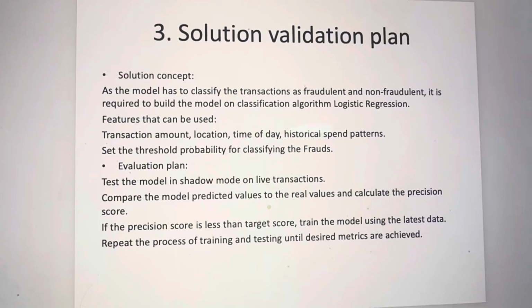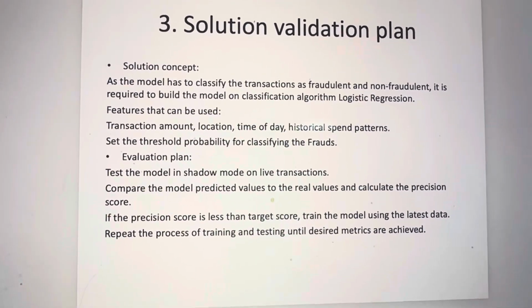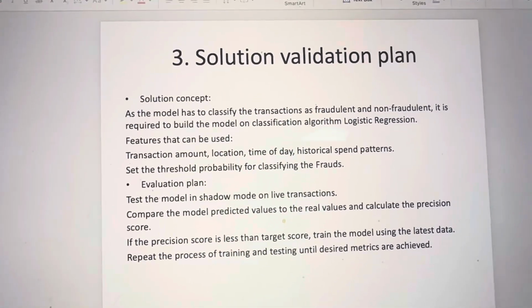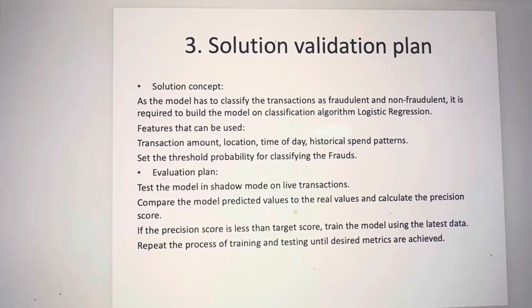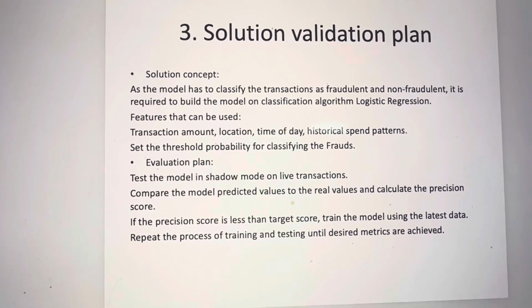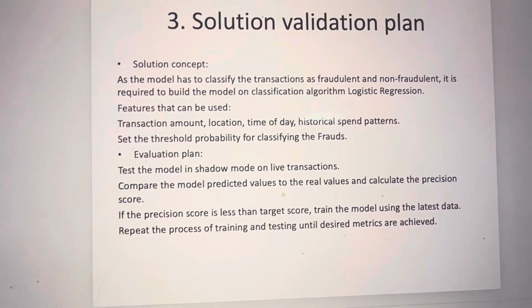If the precision score is less than our target score, then we can train the model using the latest labeled data by the employees, and we can repeat the process of training and further testing until the desired metrics are achieved. This is the solution validation plan that we can implement for the model.